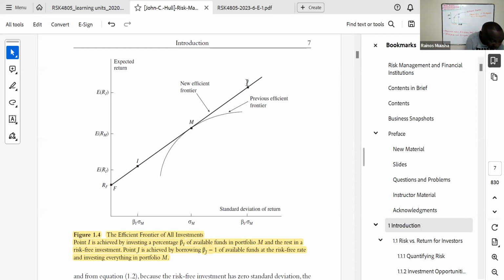So to get exponential returns at point J, it means that you are going to borrow a certain amount of money at the risk-free rate and then invest it at point M. That way, you're using other people's money to make more money, which means you are able to get those excess returns. Hence, you end up at what? Point J. Are we on the same page?